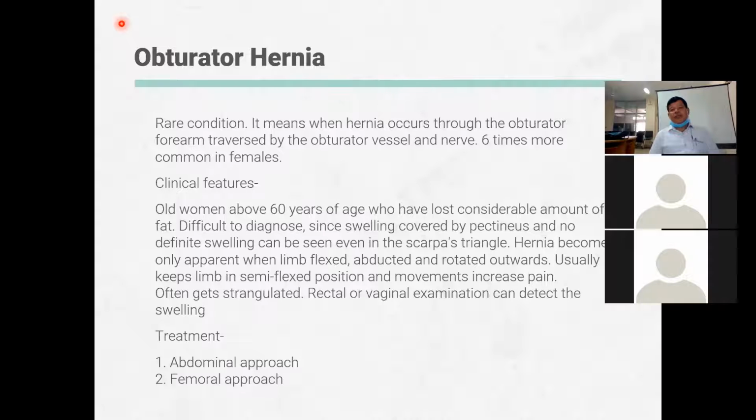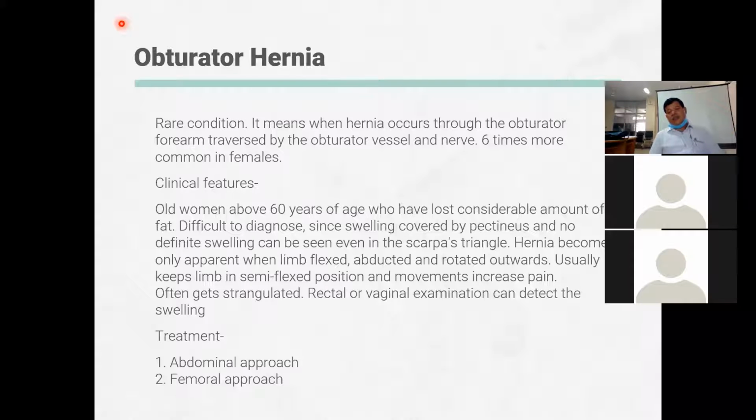This way it should be opened, and after opening all the layers, skin, subcutaneous tissue, fascia, it lies in between the pectineus muscle below the adductor longus. So the adductor longus muscle is retracted medially, the sac is dissected out, and after that the content is reduced.